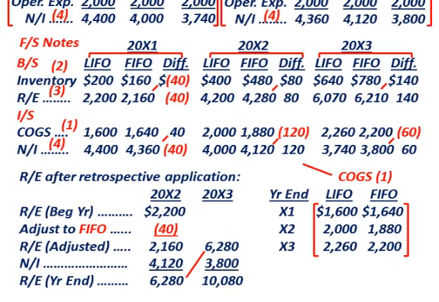And in the case where FIFO inventory was greater than our LIFO inventory, that means you had more inventory at the end of the period, so you would have increased your retained earnings because you would have used less inventory.